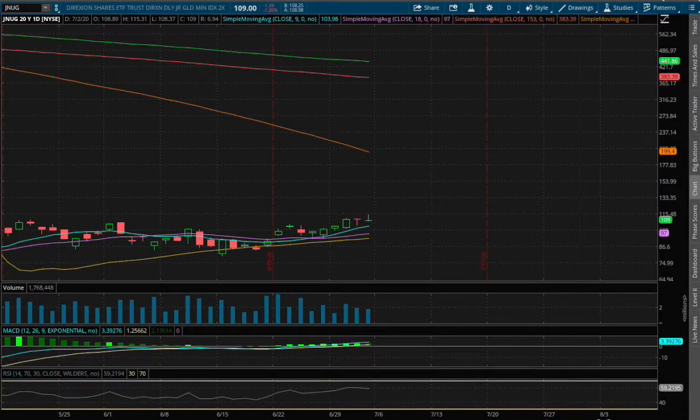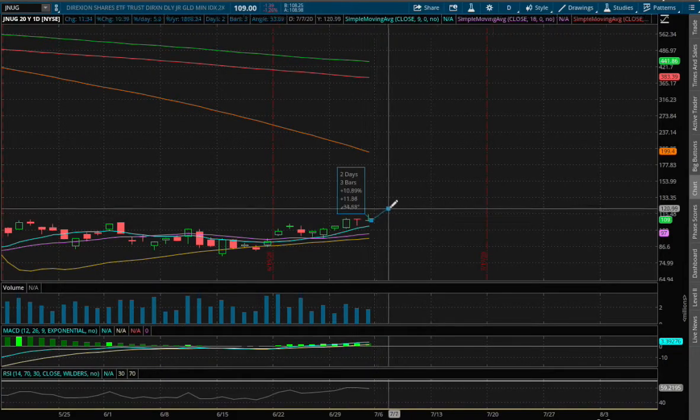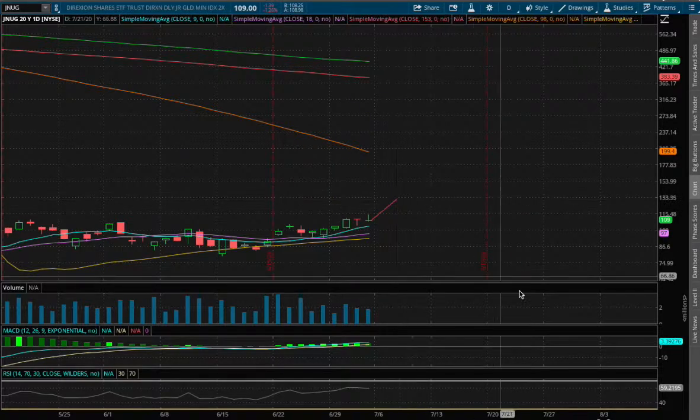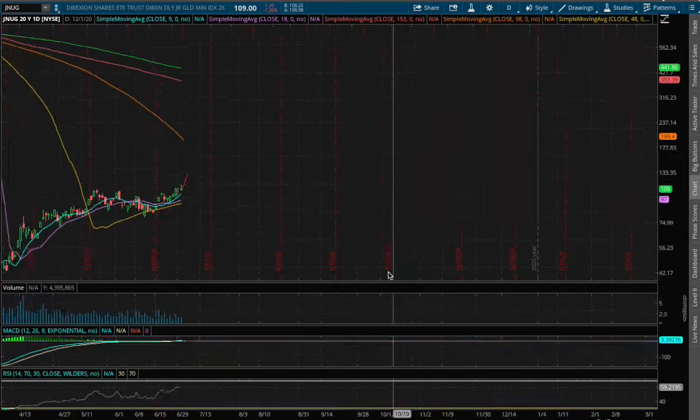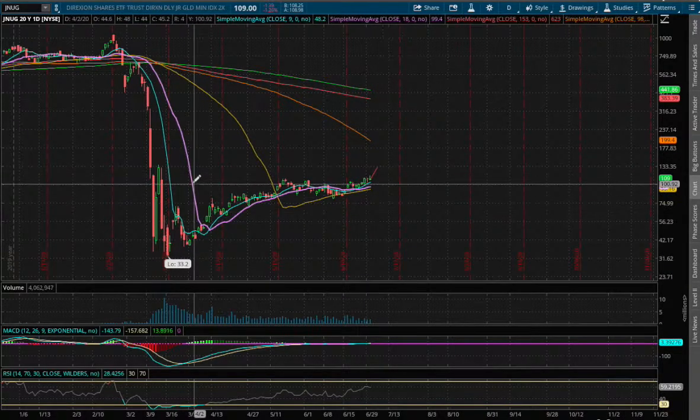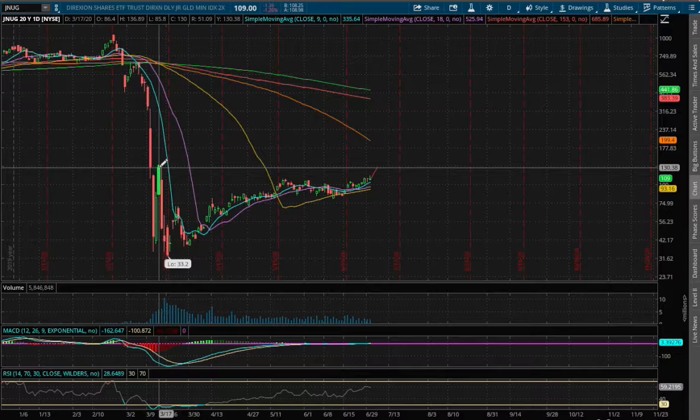So if JNUG were to climb higher, say up 20%, that price range is roughly around $131.18. And if we expand out further to find any possible resistance level that coincides with that range, we do see that level coincide with March 17th.